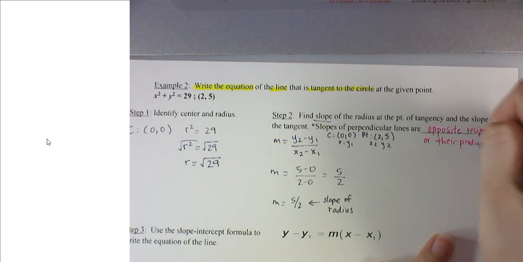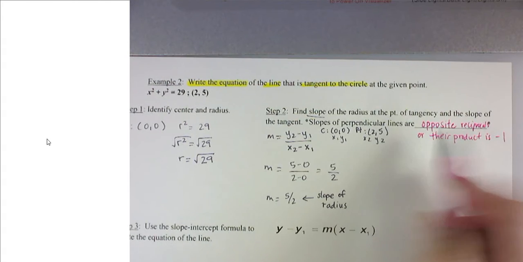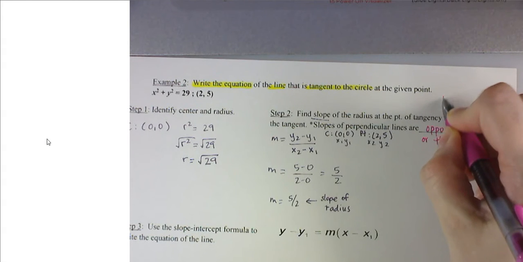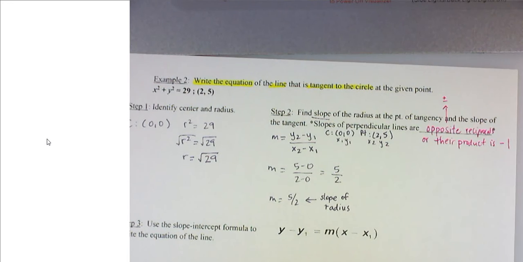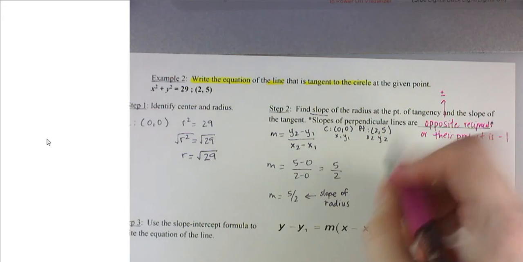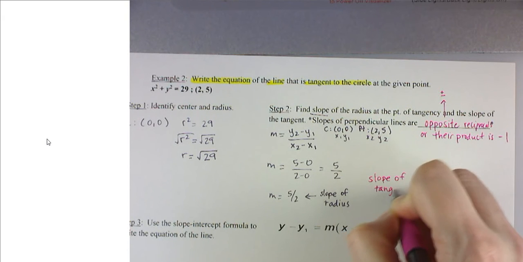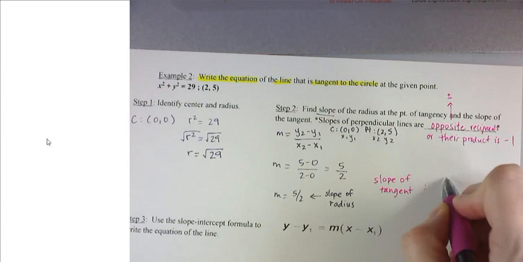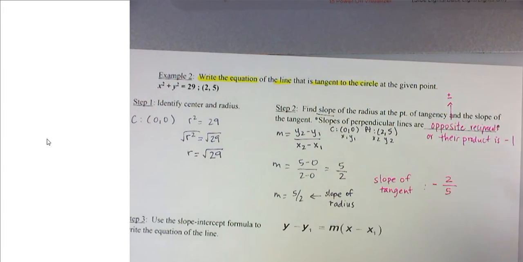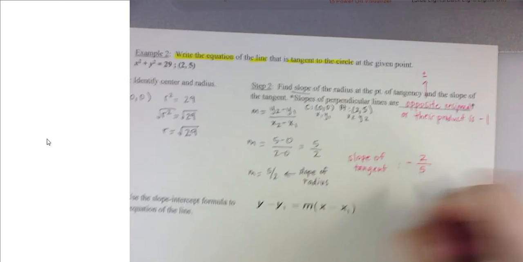So the opposite refers to if it's positive or negative. The reciprocal is going to be the flip. Okay, so the slope of the tangent would be the reciprocal, 2/5, and then the opposite. Okay, and then again, if you multiplied 5 over 2 times -2/5, you would get -1.